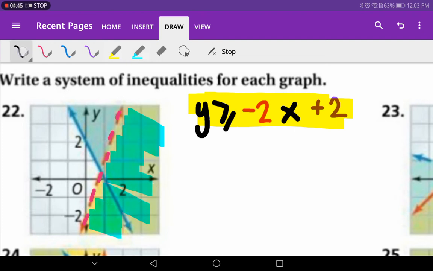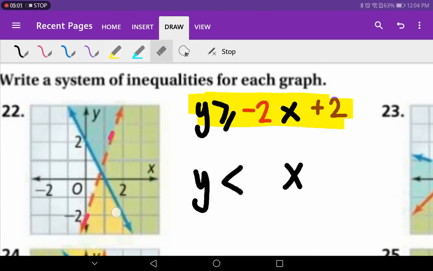So directly I write y, and it is down, that means less, and it is dashes, no equal sign, and I can write the x here, and wait to see where this line intersects or crosses the y axis. It is clearly here, yes, at -2.